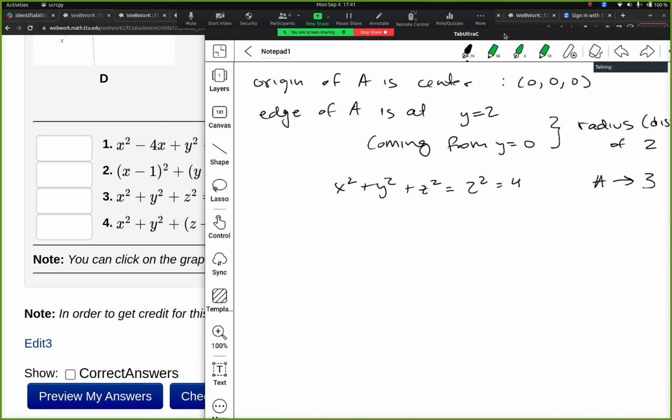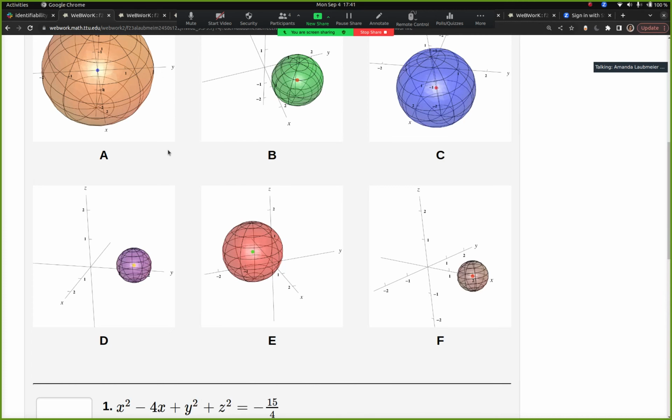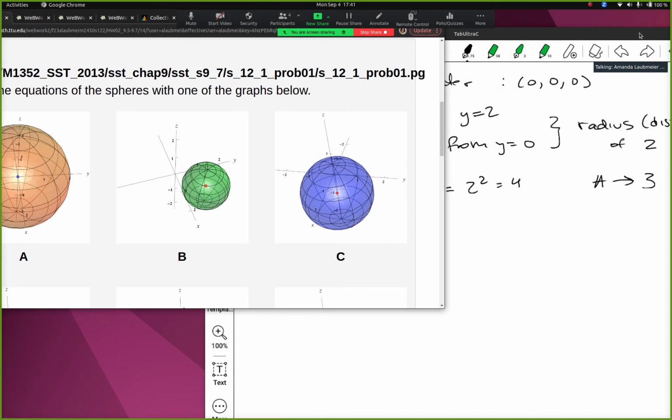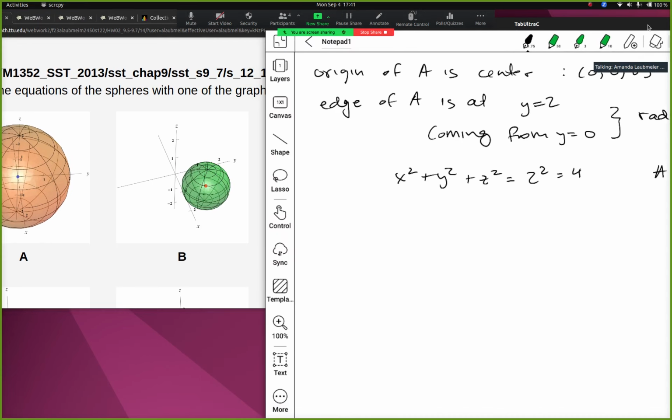Oops, I wrote that right there. Reading one that's a little bit more tricky, for example, B, it's kind of off center now. Let me do this so that we can see it and the thing I'm writing on. So for B, my center is at, here's my X, here's my Y, here's my Z. So it looks like my center is along X, it goes out to 1.